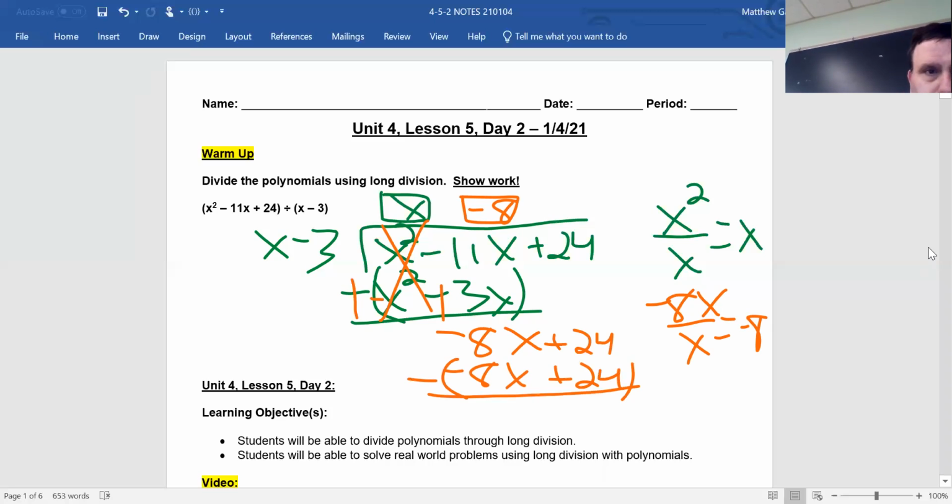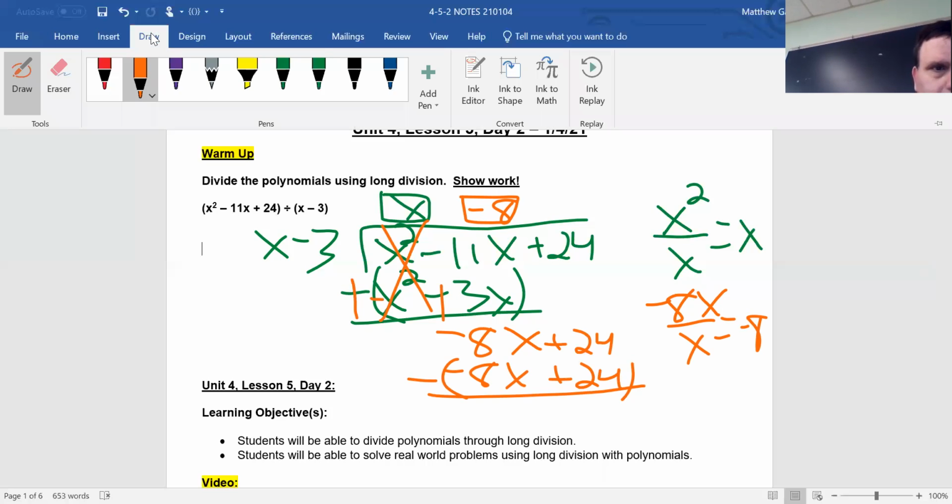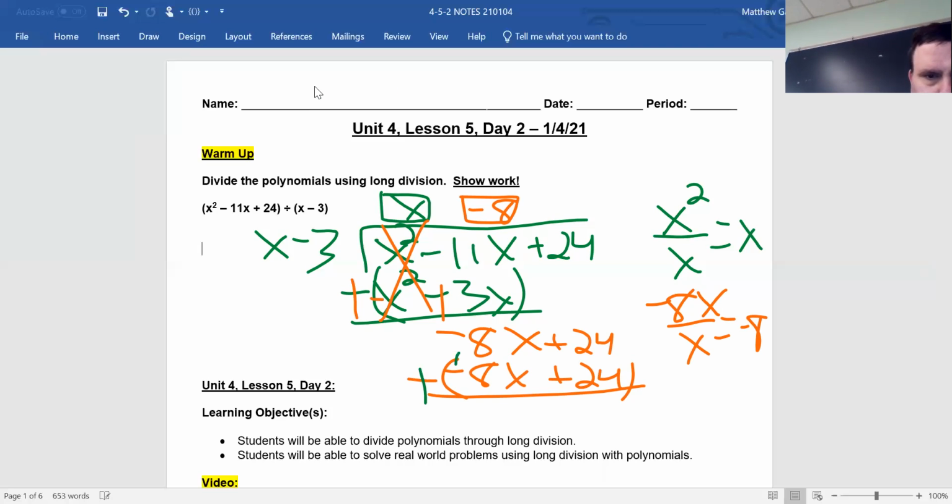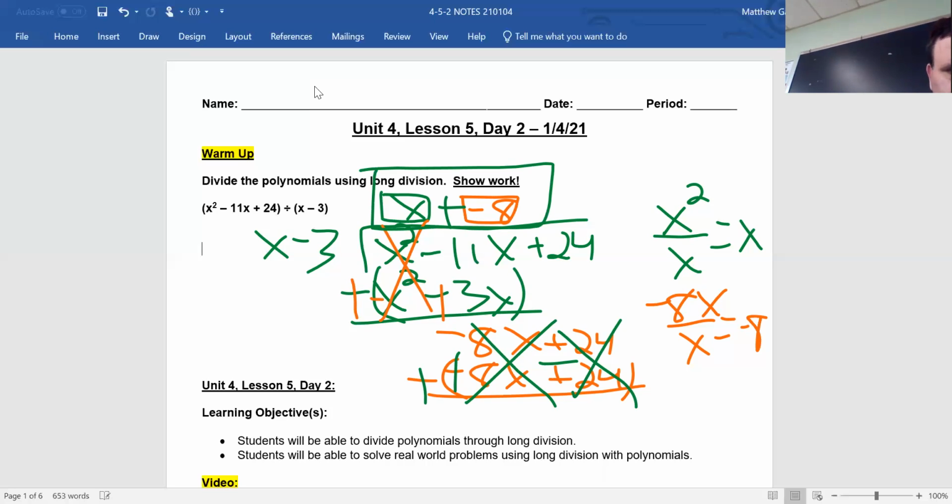We subtract vertically and add the opposite. So everything cancels, so there's no remainder here. You can write your answer as x add negative 8, which is x minus 8. It means the same thing.